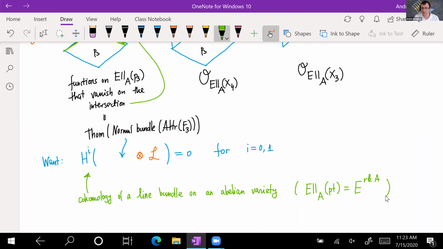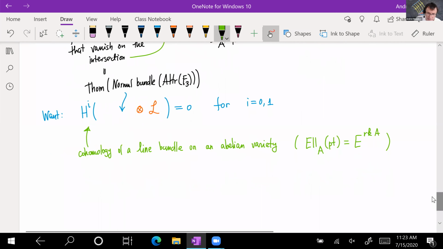And so it's worth reminding ourselves what we know about line bundles on abelian varieties, and what we know about their cohomology. If by some strange coincidence all of you have just refreshed this in your memory, that's great, and then we can move forward.